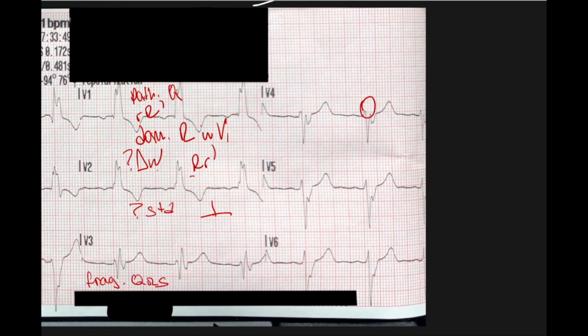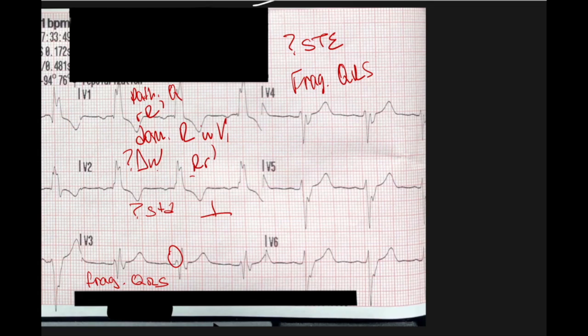V4, we should be having dominant R waves in these two leads. Right, but instead we have these fragmented QRS complexes. It looks like, we'll say, question mark ST elevation. And our T waves are upright, as we would enjoy.